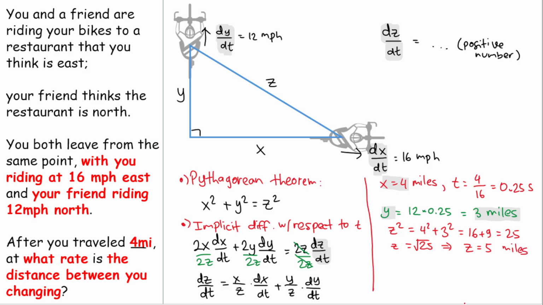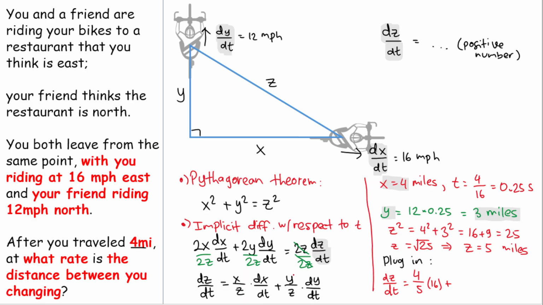And now all that we need to do is to plug in the numbers, because we have all the numbers in hand. So plug in. Okay, and what is dz/dt then? We will have dz/dt equal to x, which is 4 miles, over z, which is 5, multiplied by dx/dt, which is 16.